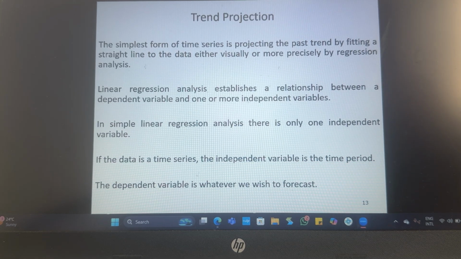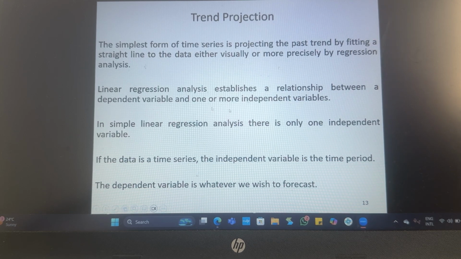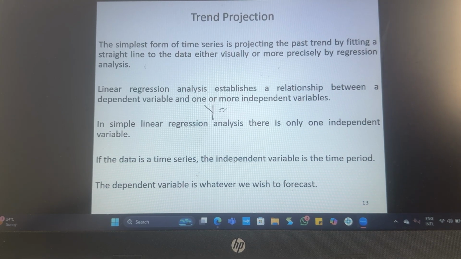Okay. Then linear regression analysis establishes a relationship between a dependent variable and one or more independent variables. You know this one, right? So, for example, this is the dependent variable and this is x1, the independent variable.